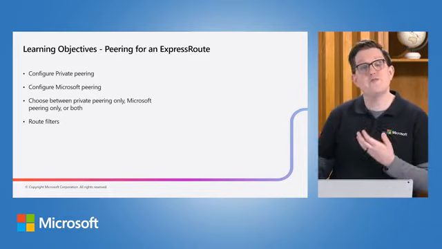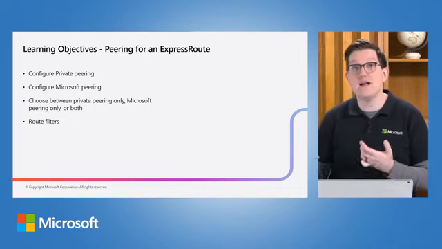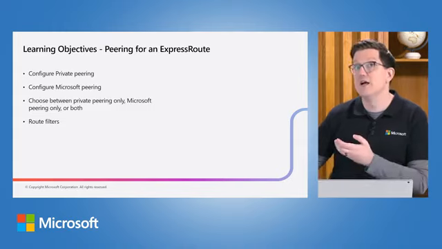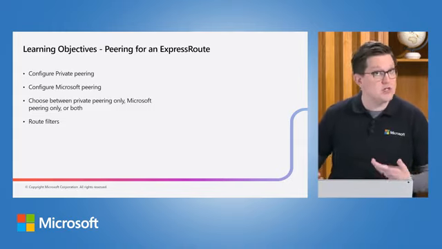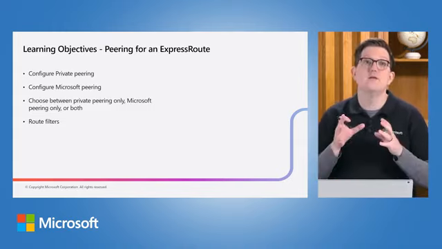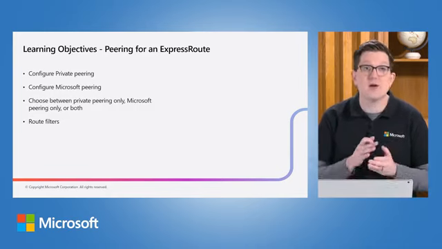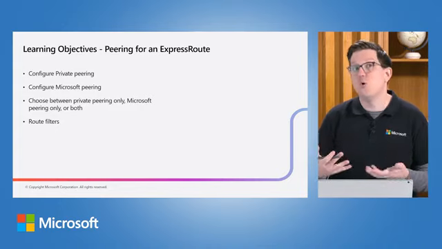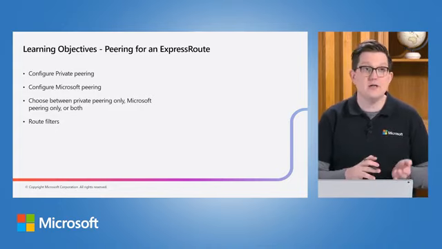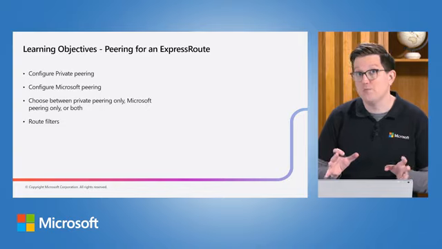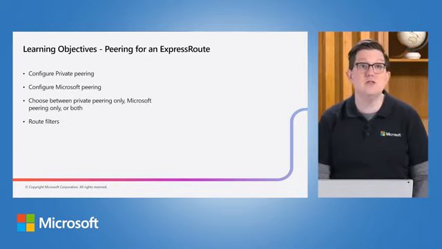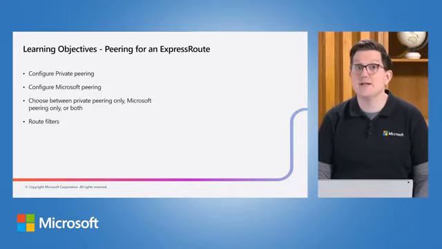For any publicly addressable IPs that are located in our Microsoft data center range, this could be Microsoft 365, SQL, could be a storage account, anything like that, this is covered by Microsoft peering. It's up to you on what you want to use, private peering, Microsoft peering, or both. And I'll show you how to configure things so it works the way that you need your business to function. Let's dive into it.